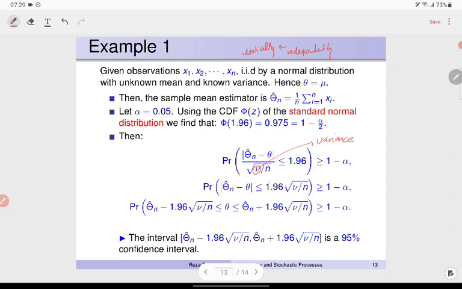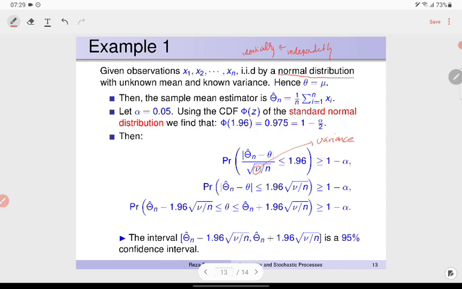How do we know this? You can see this from the normal distribution, because the observations are identically and independently distributed by a normal distribution. This is less or equal to 1.96 and will be more or equal to 1 minus alpha.